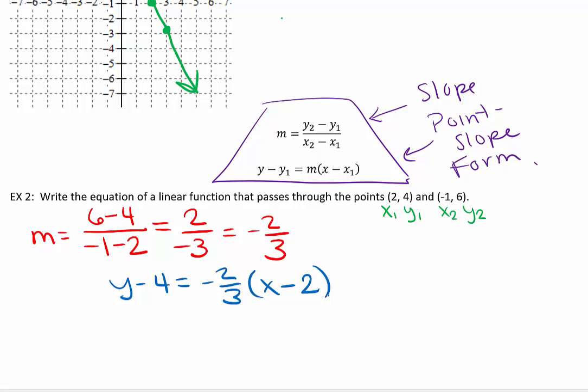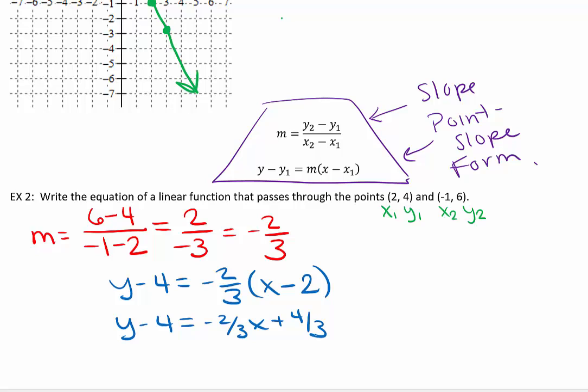To finish this problem, I'm going to take my slope, the negative 2/3, and then the (x1, y1), and I'm going to plug those into the point-slope formula. So that gives me y minus 4 equals negative 2/3 times (x minus 2). We can solve this for y by distributing, getting rid of parentheses.